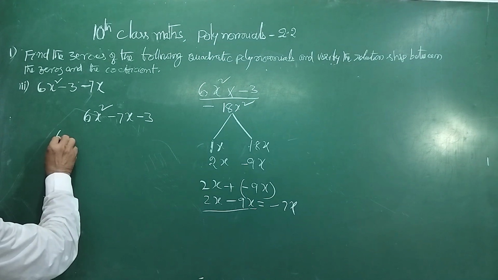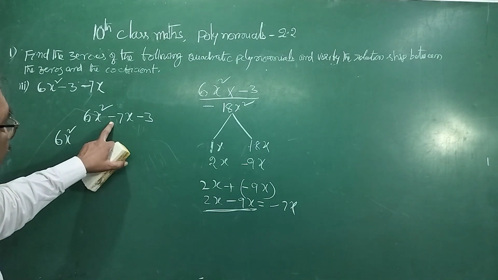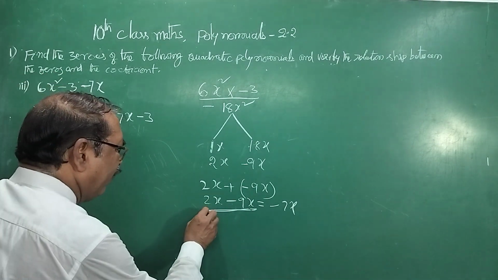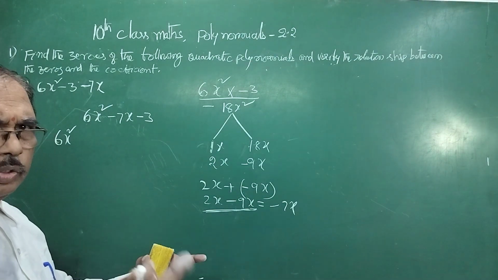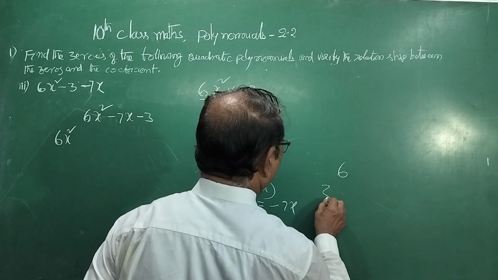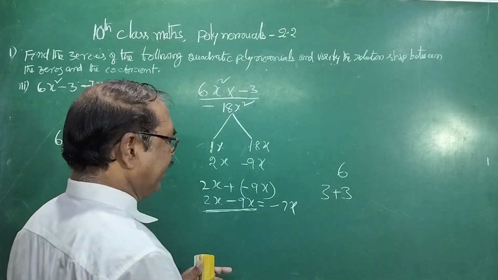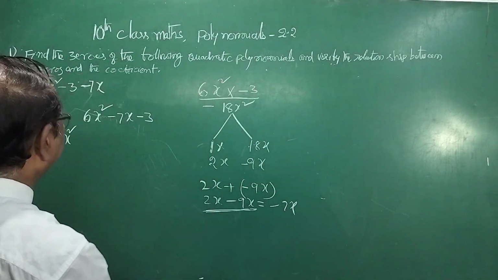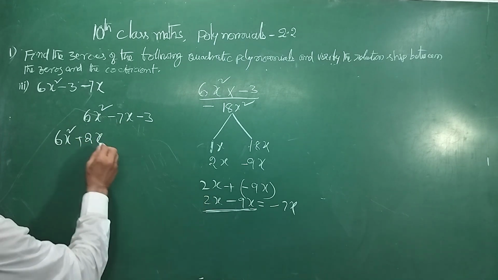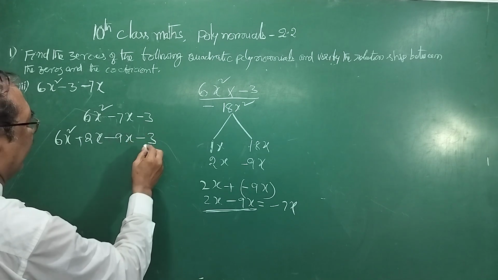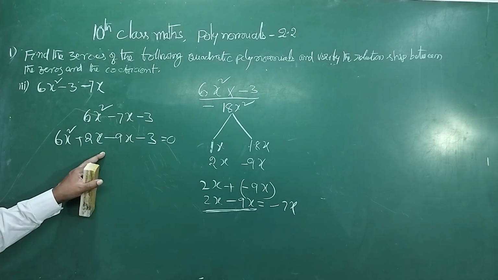Let us write here: 6x square plus 2x minus 9x minus 3 is equal to 0. In place of these two terms, when we do it, the same 7x comes, there is no change at all. Just like 6 can be written as 3 plus 3, there is no change.